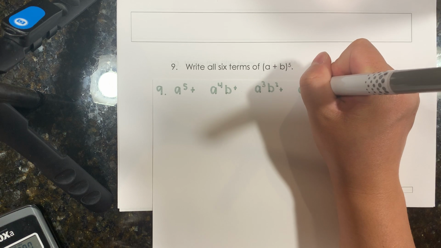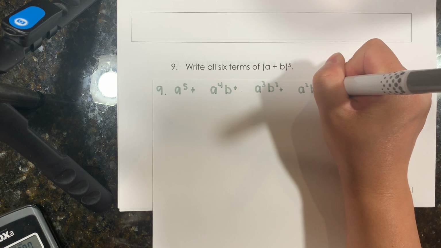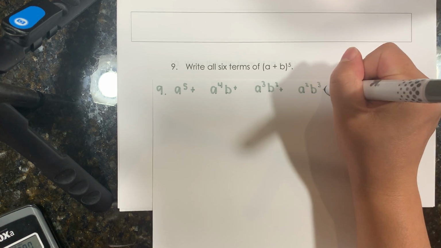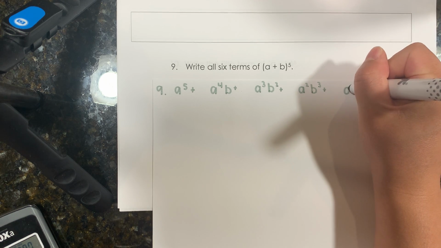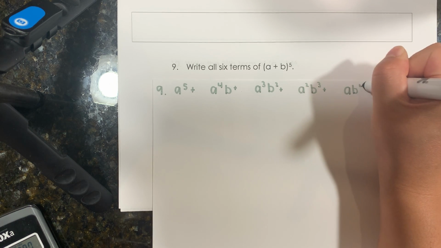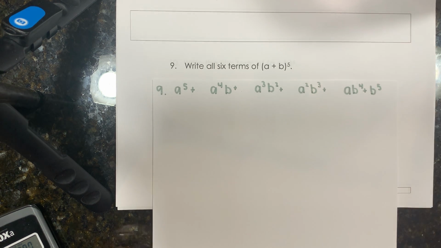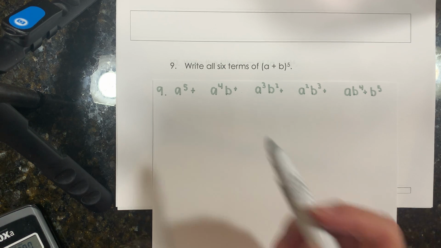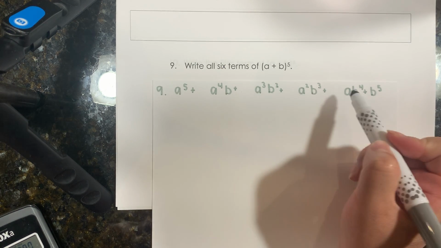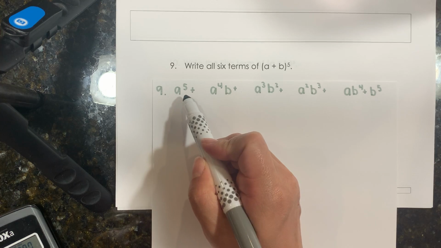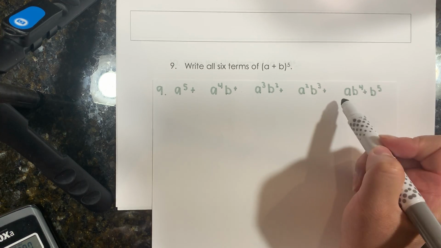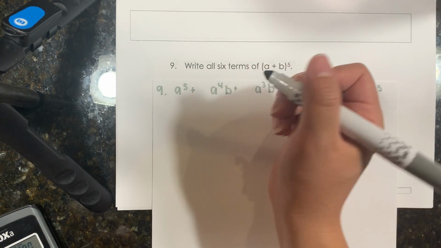Then we're going to go A to the second, B to the third, then A to the first, B to the fourth, and ending with B to the fifth. Now I am going to have to write all the coefficients in there. So notice a 5, 4, 3, 2, 1, and then 0. Then B 0, 1, 2, 3, 4, 5.